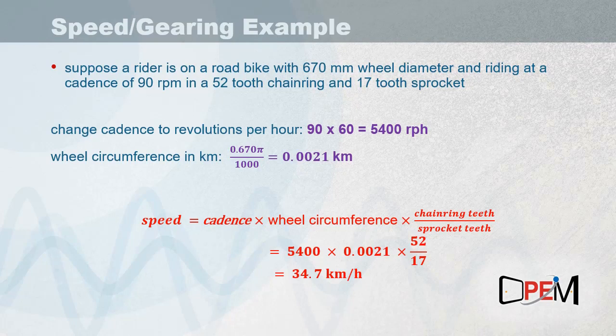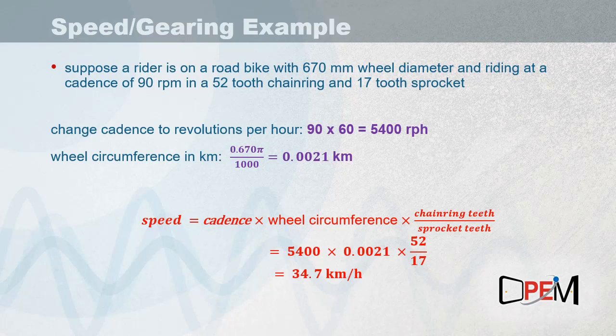And here we've changed the diameter to meters by dividing by 1,000, and then to kilometers by dividing by another 1,000, as you see in the ratio in the first part of that second purple equation. And then calculating the numbers, this turns out to be 0.0021 kilometers. So that's just the distance around the outer edge of the tire.